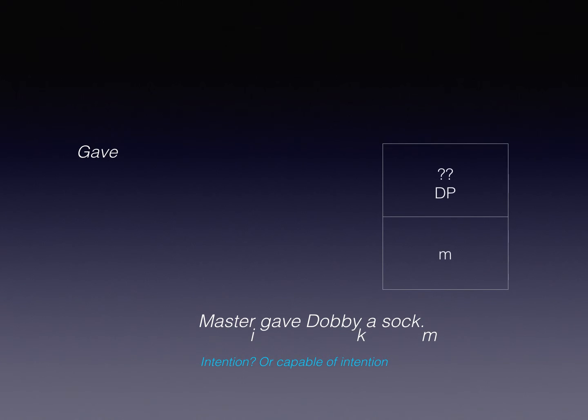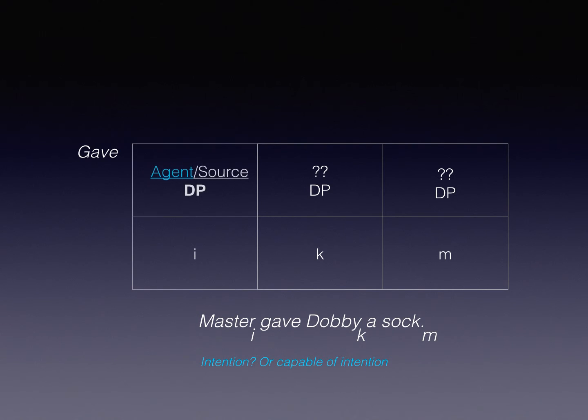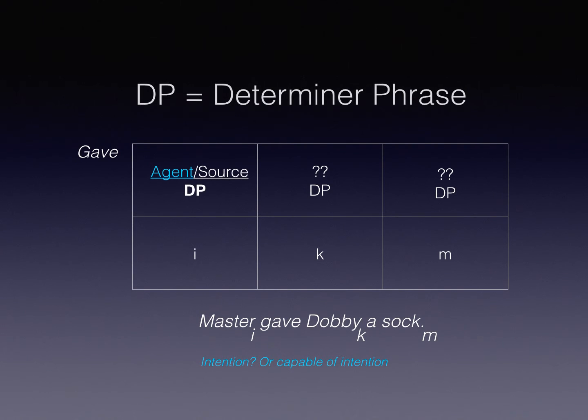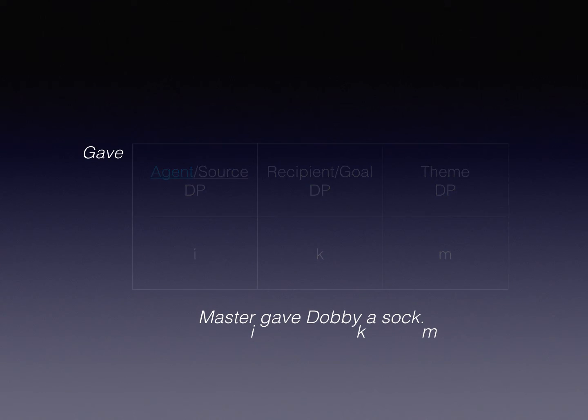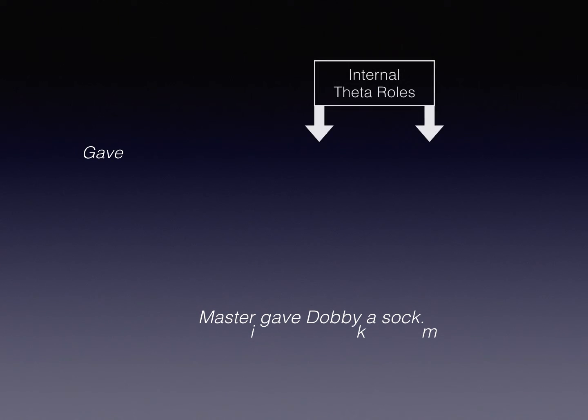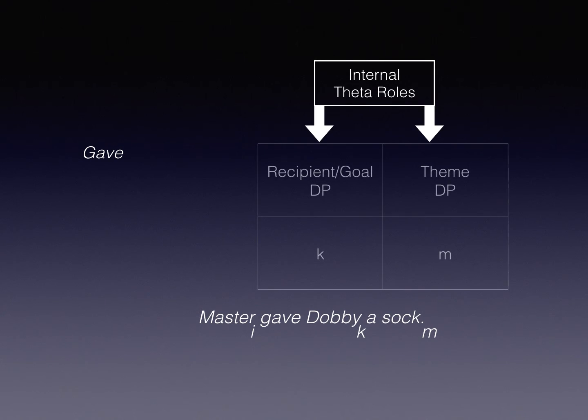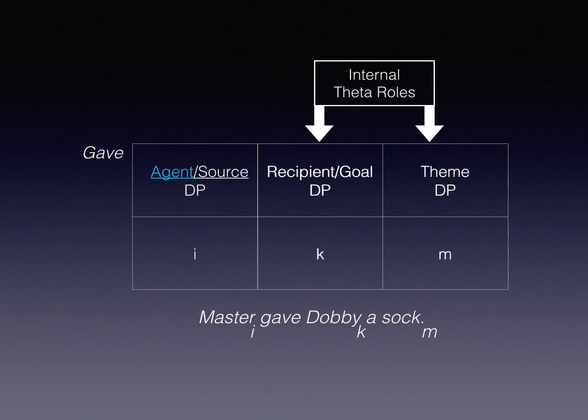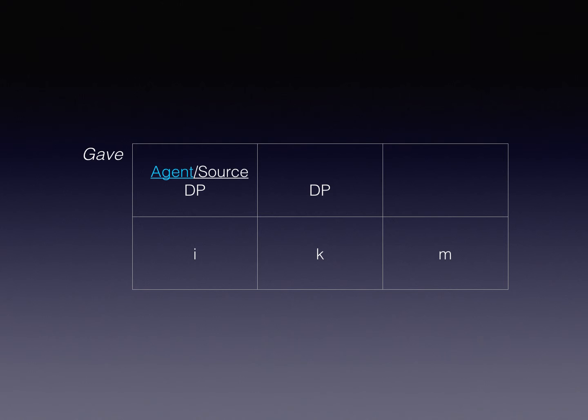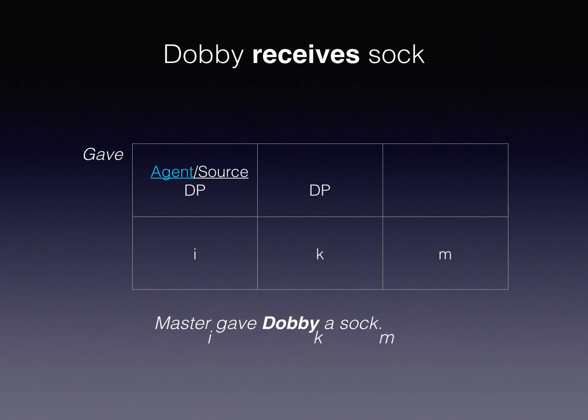Next, we want to clarify the phrase type to which that argument belongs. So we enter DP for determiner phrase here. Next, we have our internal theta roles, which are the arguments other than the subject external theta role, if there are any. The first one would be Dobby, who receives the sock.